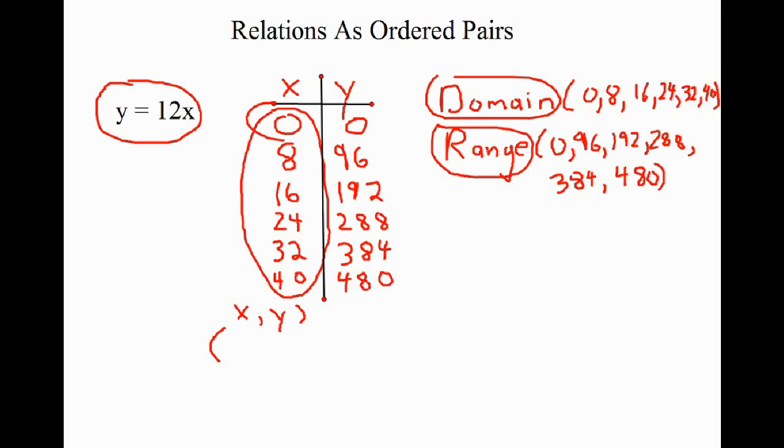Our first pair of values: x is 0, y is 0, so the ordered pair is 0, 0. Our next ordered pair: x is 8 and y is 96, and so on. Our next: x is 16, y is 192.